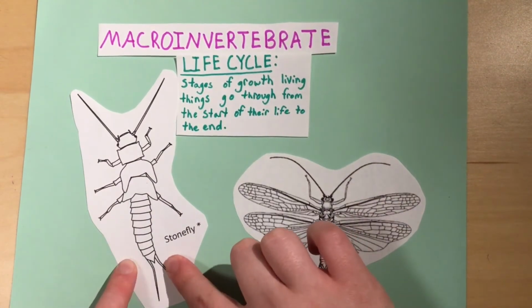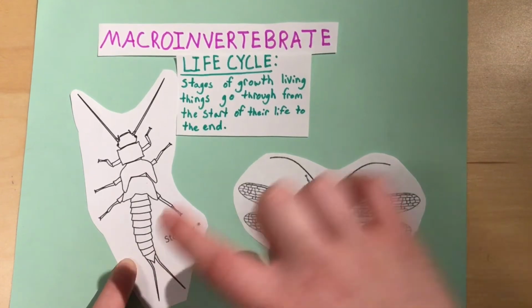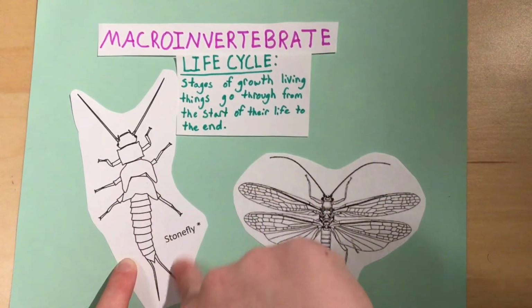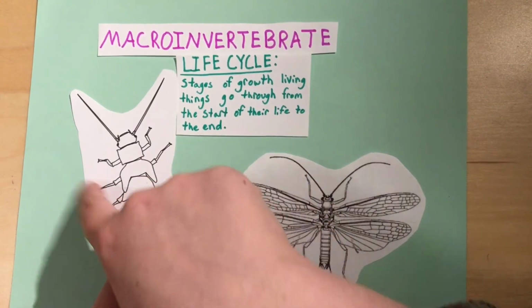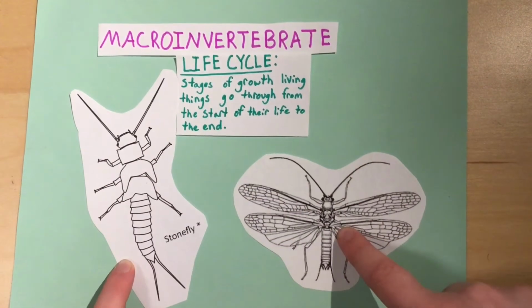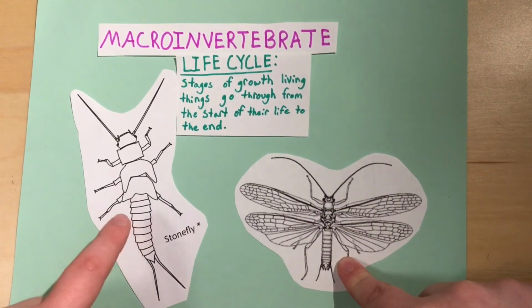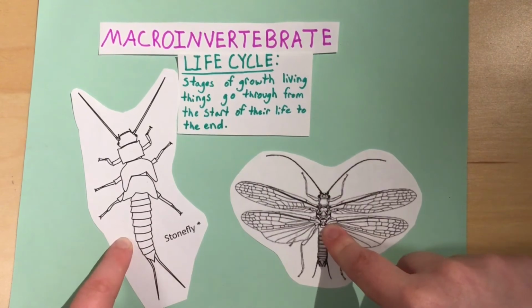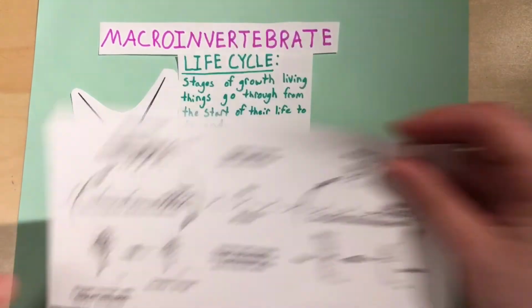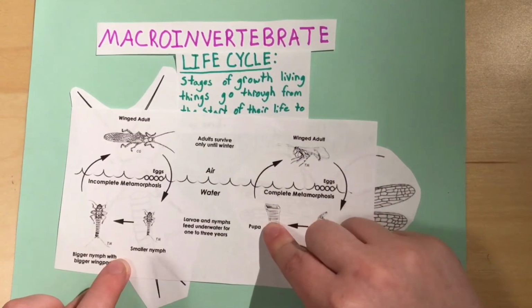So basically, with incomplete metamorphosis, it starts off as eggs. There's this little creature and it just grows bigger and bigger until it turns into this. It doesn't have a cocoon or a pupa stage. It just goes directly from eggs to this and into this without making this little stop right here.